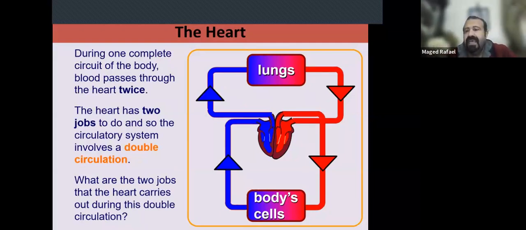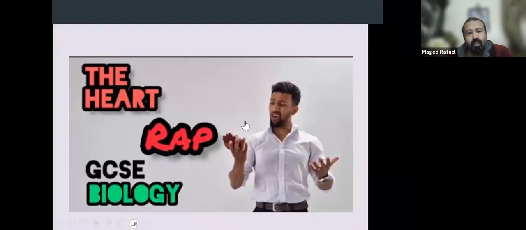It will pass as oxygenated blood from the left side to the rest of the body cells, and as deoxygenated blood in the right side, then to the lungs for gas exchange. That's why we named this a double circulation. So the question is, what are the two jobs that the heart carries out during this double circulation? This is a question. Let's watch the video.